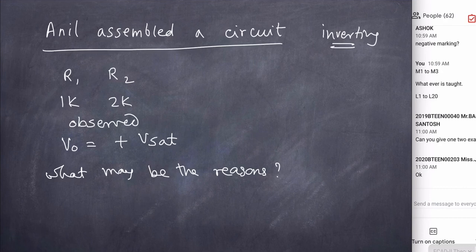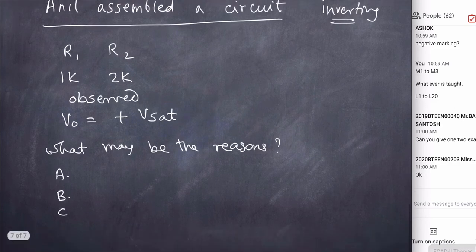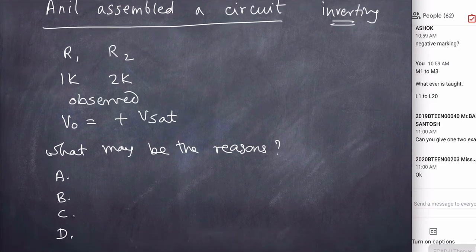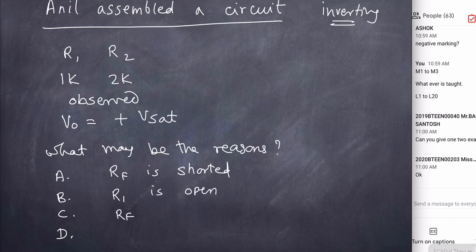Okay, so options A, B, C, D will be given. Let me give the options also. One is RF is shorted. R1 is open. Then RF is open. R1 is short. Or maybe not this. None of the above.